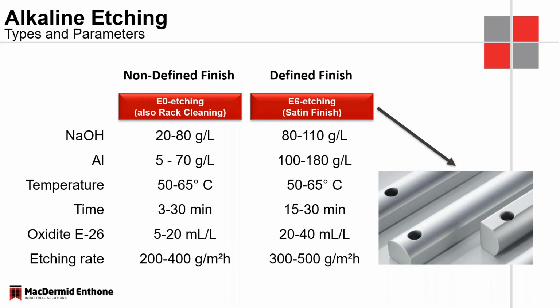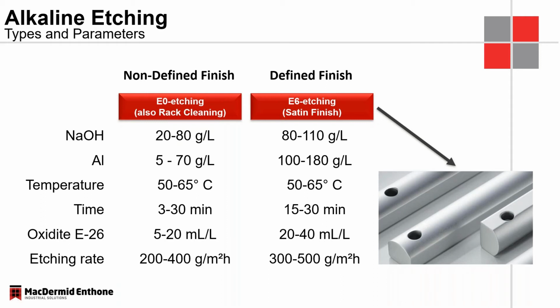On the other hand, when we are dealing with the architectural industry, when we are dealing with finishes that have a defined matte effect, we have to be a lot more careful how we run these processes. And in the architectural industry, we're talking about an E6 finish.